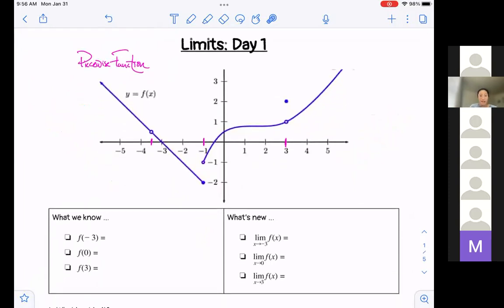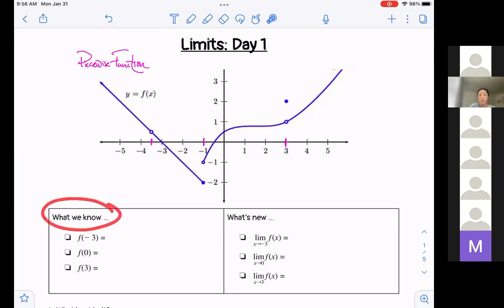But underneath here, I have a few questions. All right. And this is a structure that you'll see pretty frequently. I typically like us to start with something like what we know. What we know could be stuff that maybe we've seen in trigonometry or pre-calculus or algebra. Okay. And I want to make one thing really clear here.